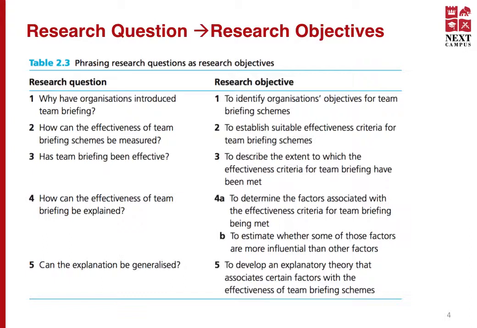In this example, there are 5 research questions. The research is about team briefings. There are various aspects of team briefings being questioned in the research questions, and correspondingly they have given research objectives. Now let's look at an example.